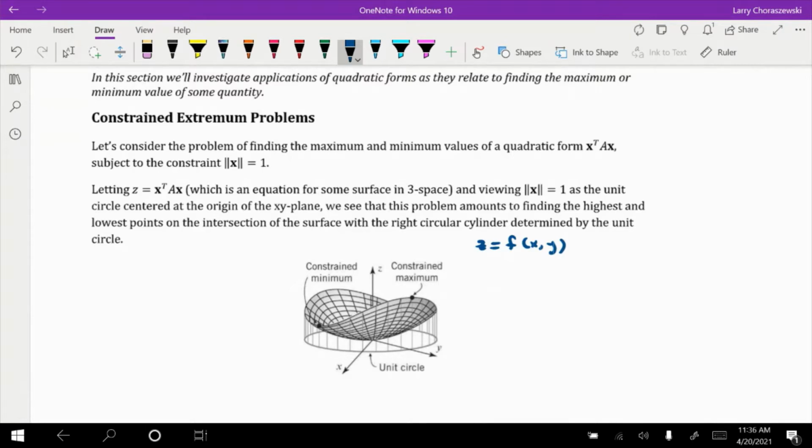And so you pick an ordered pair from the plane, you plug it into your function involving the variables x and y, and you get a z coordinate. And this produces an ordered triple, x comma y comma z. And typically what you get is a 3D surface, such as the one that you're seeing here in wireframe.